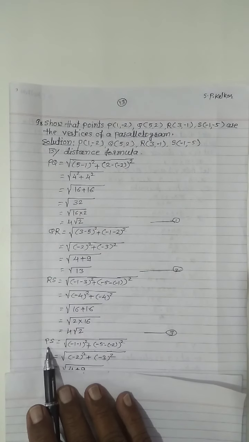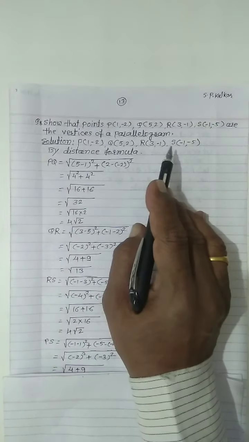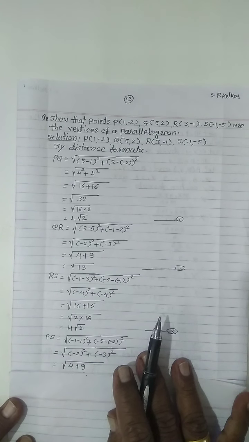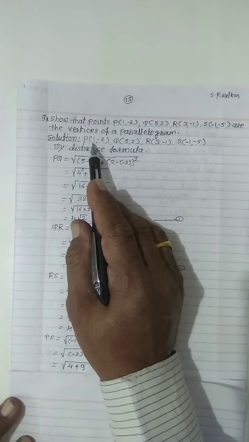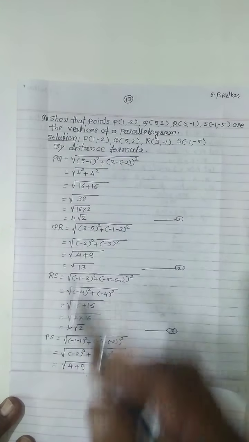Now we find the value of PS. This is points P and S. We write down the distance formula and put in the values: x2 is minus 1 and x1 is 1, so minus 1 minus 1 is minus 2, squared, plus y2 is minus 5 and y1 is 2, so minus 5 minus 2 is minus 3, squared. The square of minus 2 is 4 and the square of minus 3 is 9.